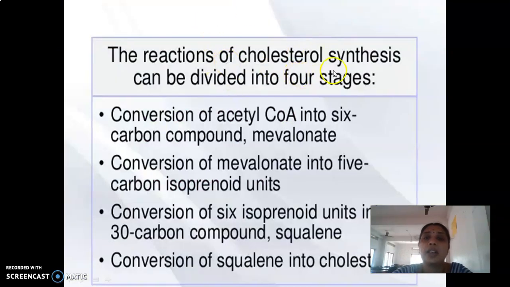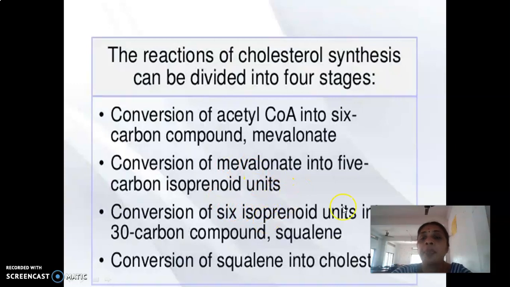The slide is written as 4 stages, but in my notes I've divided the stages into 5 different areas. That is conversion of acetyl-CoA to mevalonate. Then mevalonate is converted to isoprenoid units, that is isopentenyl pyrophosphate, which also undergoes isomerism to give rise to dimethyl allyl pyrophosphate, DPP, and IPP.